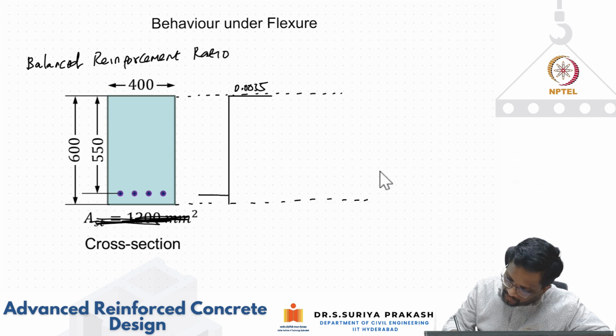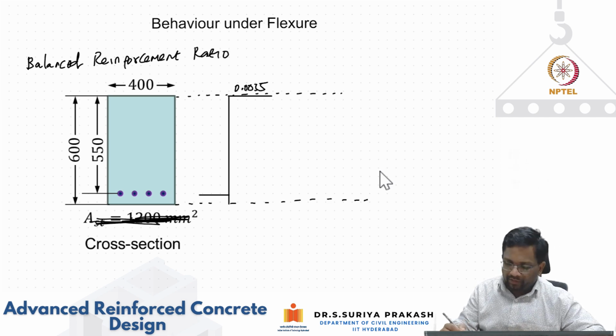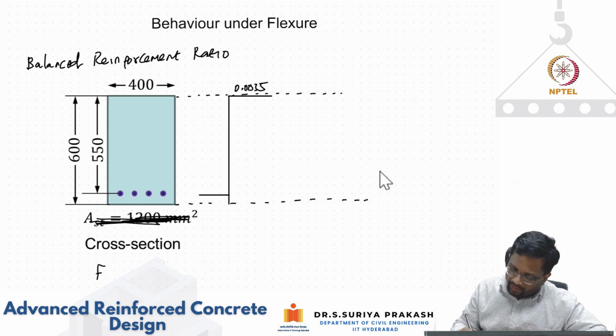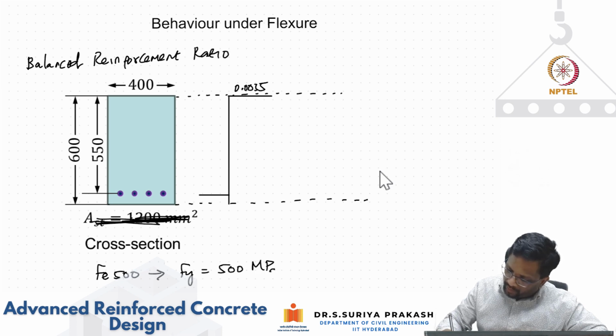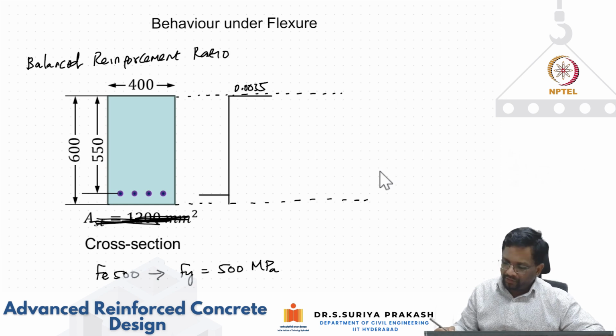That is going to be yield. So for Fe 500, Fy is equal to 500 megapascal, right?